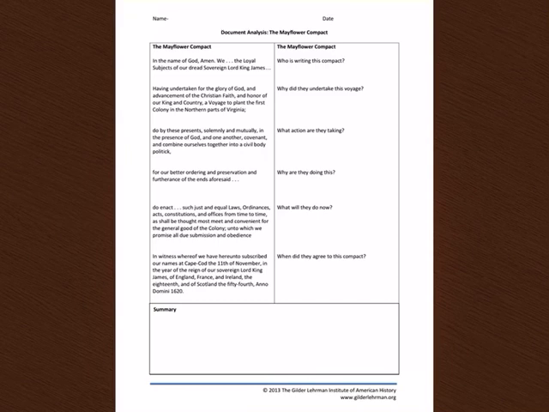What are they doing by signing this compact? What are they telling themselves that they are going to do? I'm just trying to help you think about based on what that says. So what action are they taking by signing this contract? What are they saying that they are going to do?